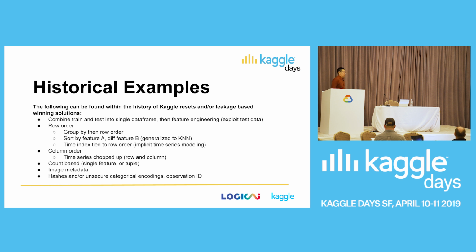So I have some historical examples here. I would say that for whatever reason, it isn't always the case, but sometimes combining train and test into a single data frame will allow you to better exploit leakage. But that's not always the case. Sometimes train and test should be separated, and then a really simple example is, let's say all the positive examples are on the even rows.